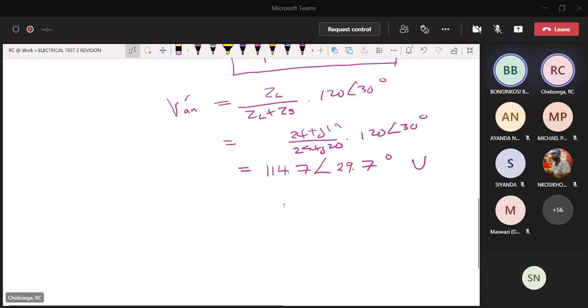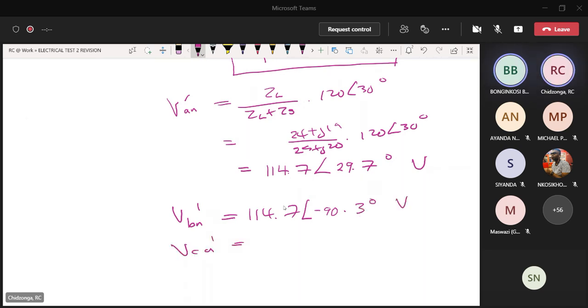Now, if you want the other voltages, again, you can write it by inspection. B will be this same voltage, 114.7, and then it must be 120 degrees behind this. So it will be 29.7 minus 120, which is minus 90.3 volts.